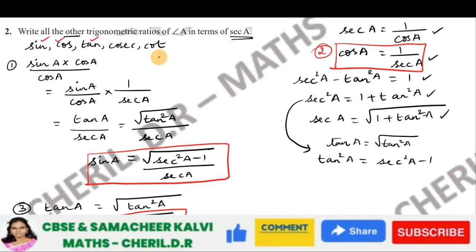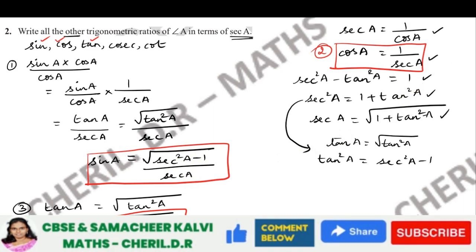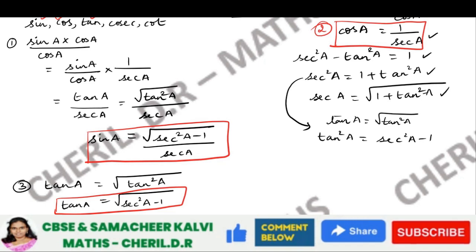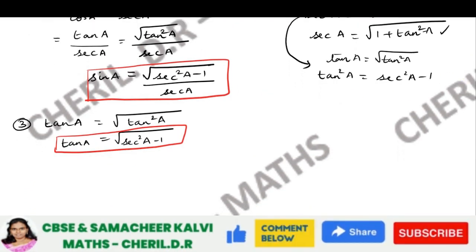Next is cosecant and cot. We know cosecant is nothing but the inverse of sin. So whatever you wrote for sin, if you inverse it, you will get it for the cosecant. Likewise for cot, it is going to be the inverse of tan. So directly we can very easily write it.